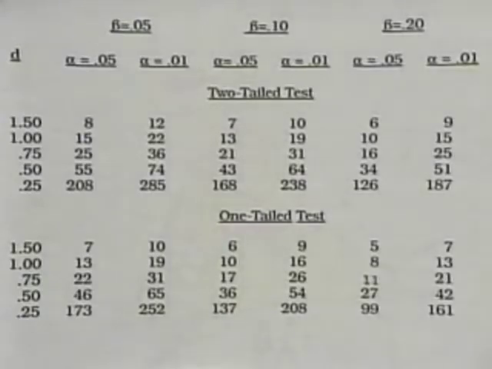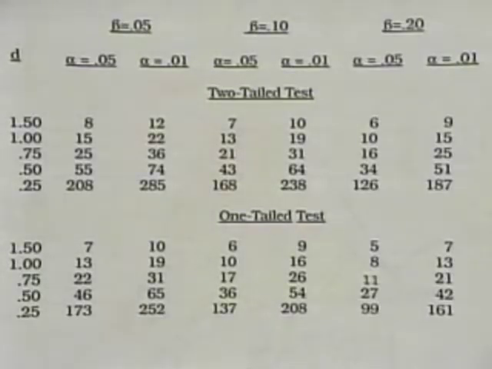Okay, one more thing. What happens if instead of looking for a difference of 10 points, we're going to look for a larger effect? Let's say the effect is going to be, instead of half a standard deviation, 1 standard deviation.